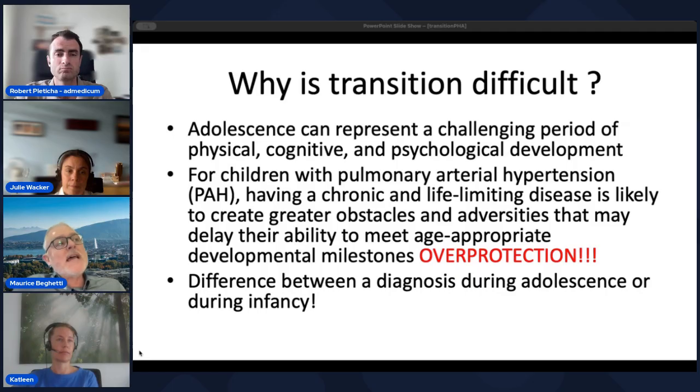And so overprotection and insecurity by changing doctors is sometimes difficult. And there is indeed a difference. There is no science behind that, but it's a feeling. It's different if you diagnose a baby and you follow the baby for 15 years and then you transition the patient, than if you diagnose this during adolescence, during this very difficult period, and you transfer rapidly the patient to the adult field. So you have to take that into your mind when you prepare the transition. Next.